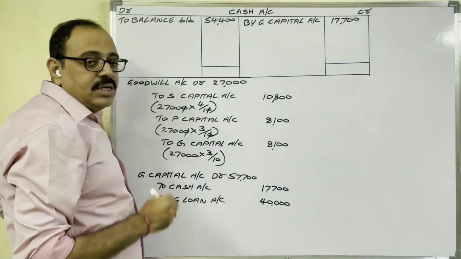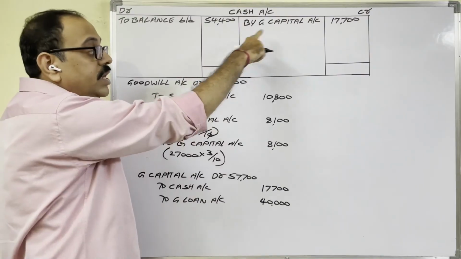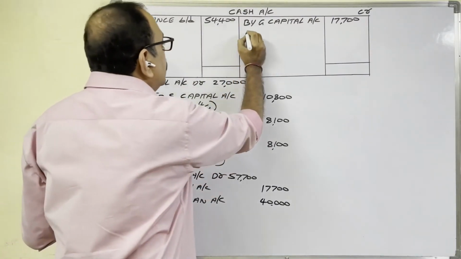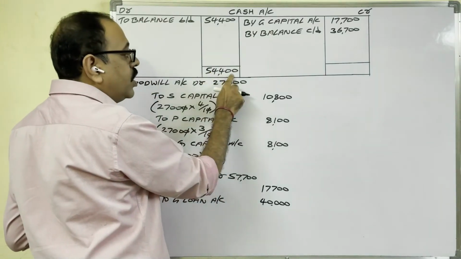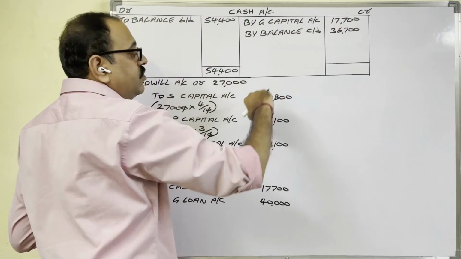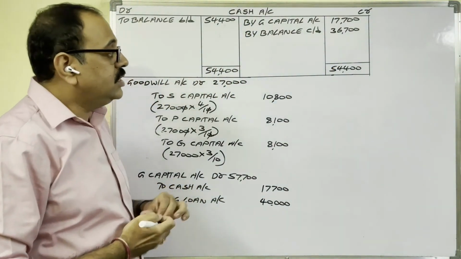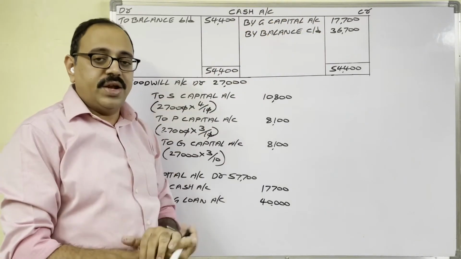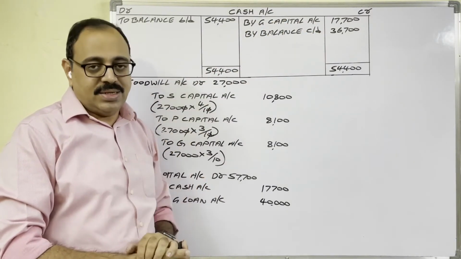Then finally, balance carried down. Debit total is more than credit total, so credit side balance carried down comes: by balance carried down, 54,400 minus 17,700 is equal to 36,700. Put the total. So cash balance is 36,700. This amount appears in the new balance sheet as cash balance.